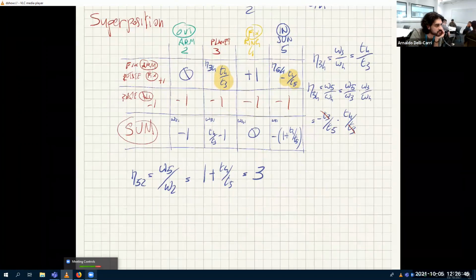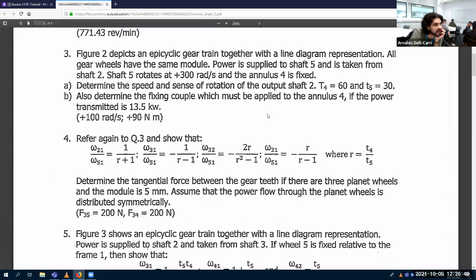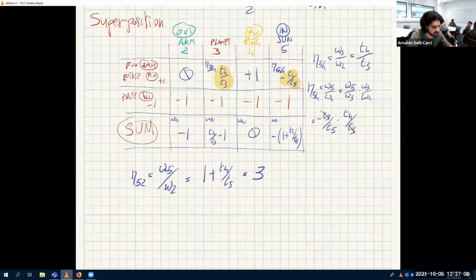And what do we know now? We know that omega 5 is 300 radians per second.